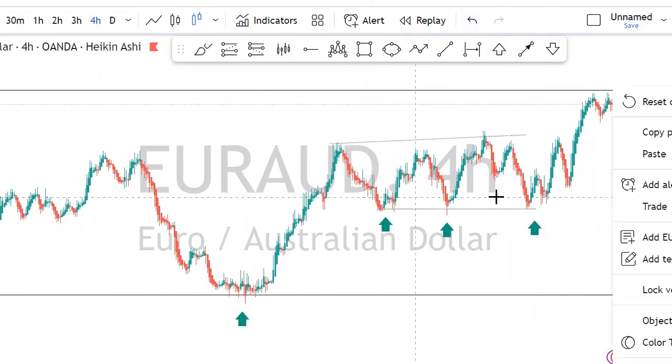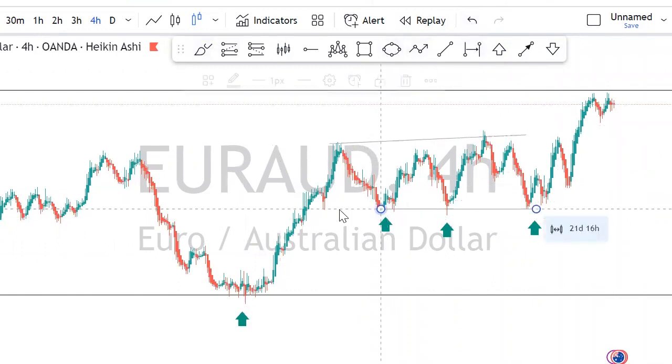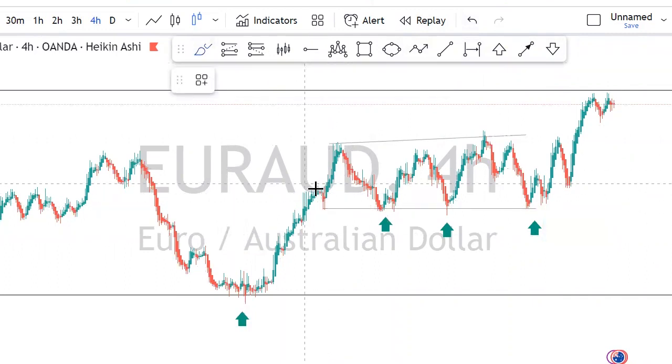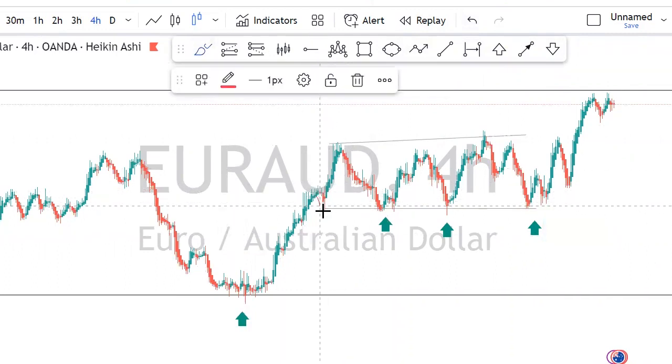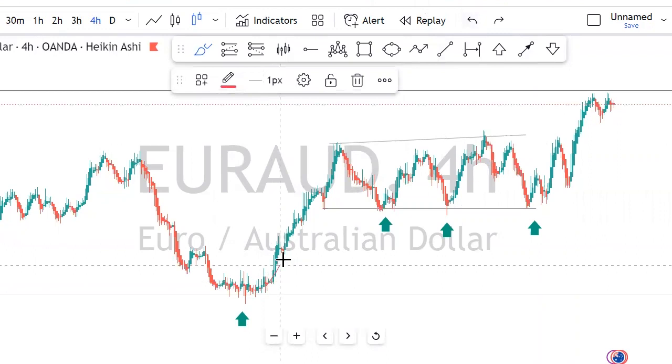So you can see we had about 3 touches on our support, and the reason why I didn't extend my trend line till this point right here, is because I don't really count this as one of the touches on the support, and that might surprise you. The overall picture looks like this.